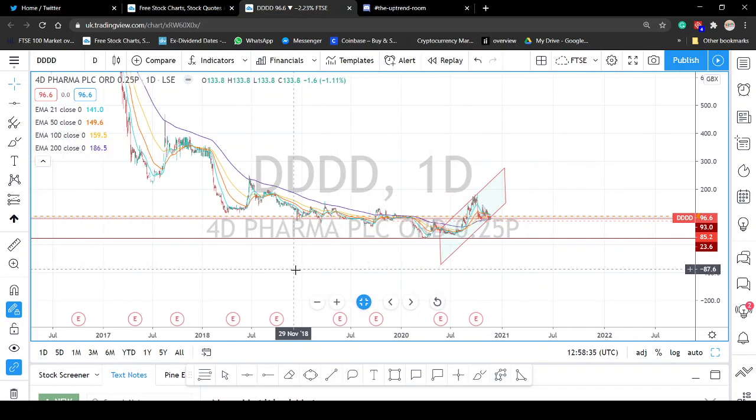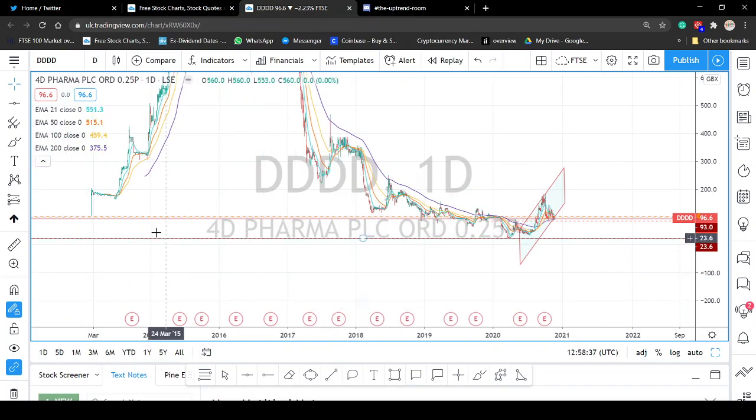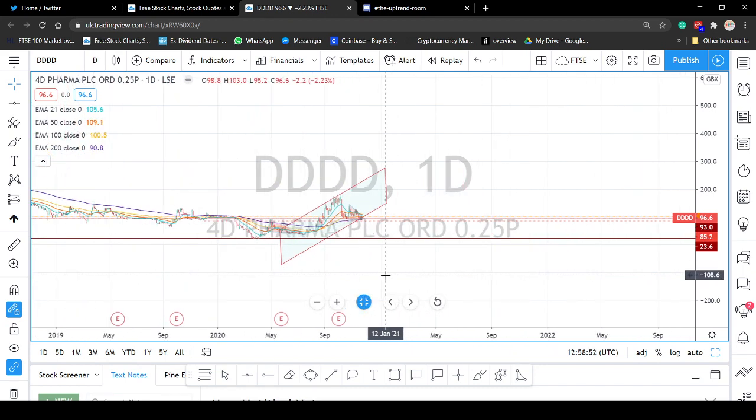Now, interestingly enough, if we go back, this level here was its flotation, and that was quite strong support for quite a while. But then price, boom, broke down to an even lower level.